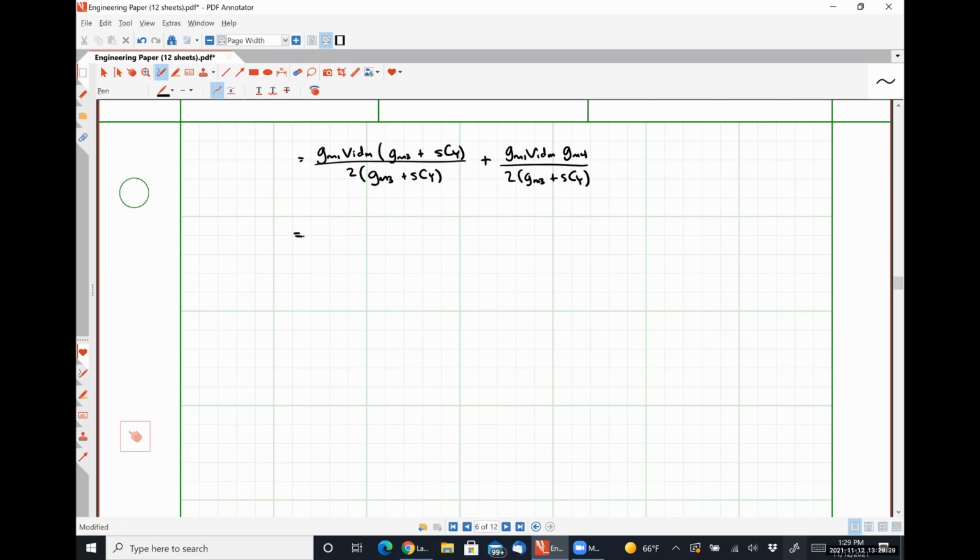And so that's going to leave me with GM1 VIDM multiplied by GM3 plus SCY plus GM4 divided by twice GM3 plus SCY. Everybody okay with that?